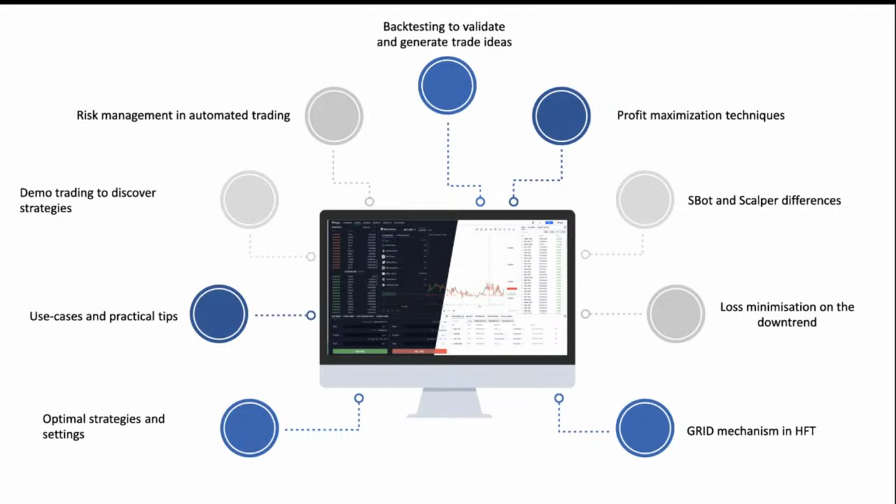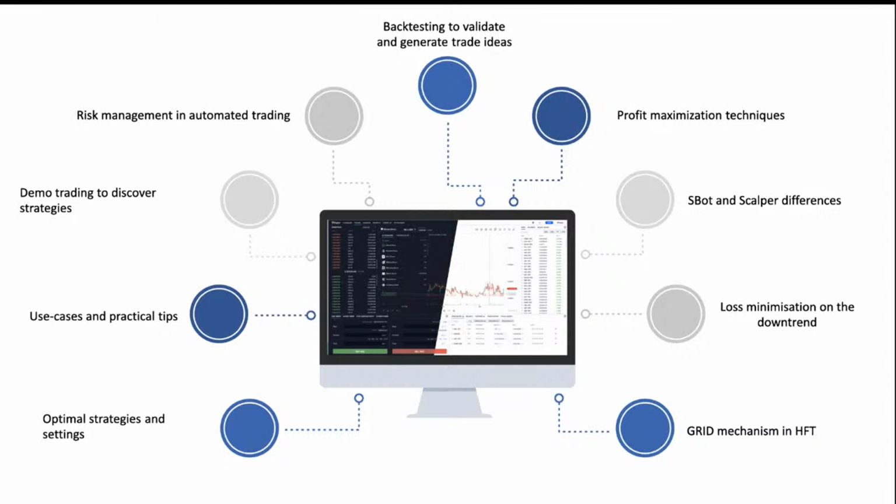We will also go through the risk management used in automated trading, like stop loss, extreme pumps and dumps, so how the system avoids them, and some other tricks.